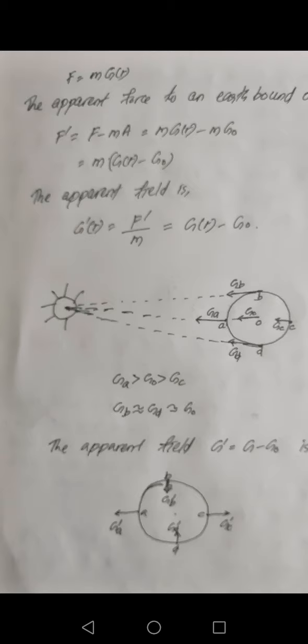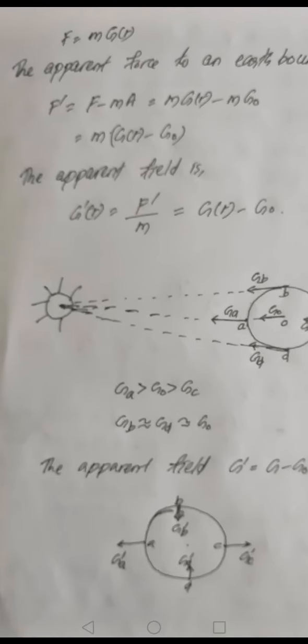Therefore F prime is m into G of r minus G0. The apparent field is F prime by m, that I call G prime of r. Therefore G prime of r is equal to G of r minus G0. This you have to remember.